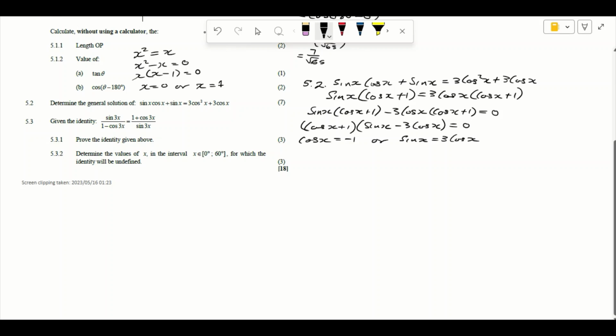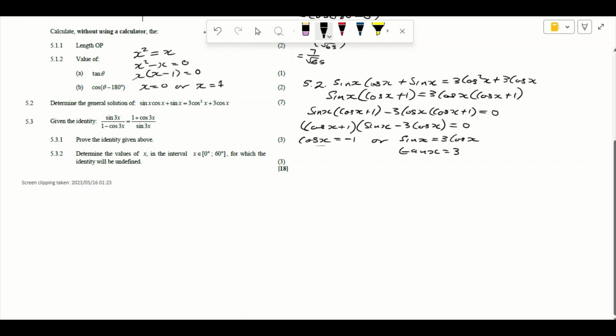So very simple. We don't just divide both sides by the common factor. We have to factorize so that we can get two values. So now we can find the general solution for cos x and the general solution for sine x. But this one can simplify as we're going to divide both sides by cos x, and then this will be tan x is equal to 3. So fine. The reference angle of negative 1 now.